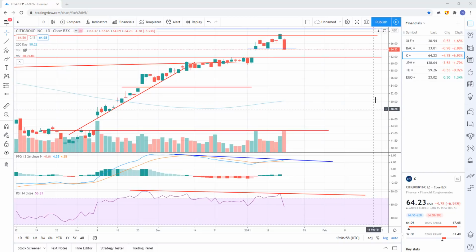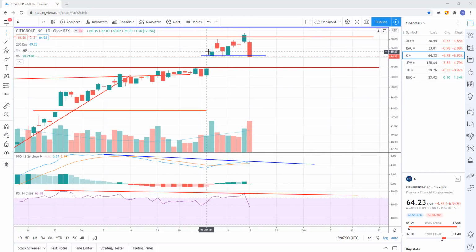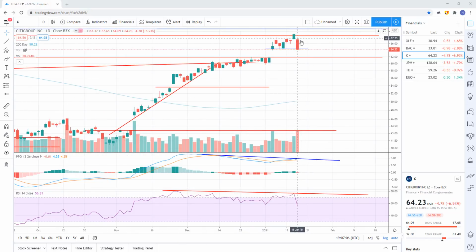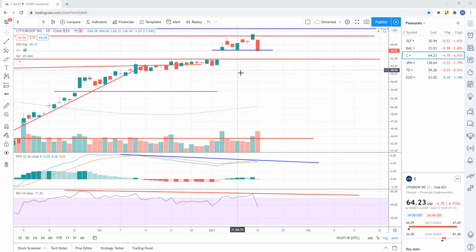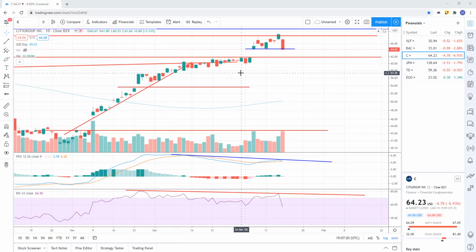And here's Citi. You can see obviously Citi was going against us. I'm short Citi, full disclosure. But Friday had a pretty impulsive sell down. Nothing technically has been broken, no technical damage to this uptrend. So it's still in a technical uptrend, but it looks like we have the makings of an island cluster top.